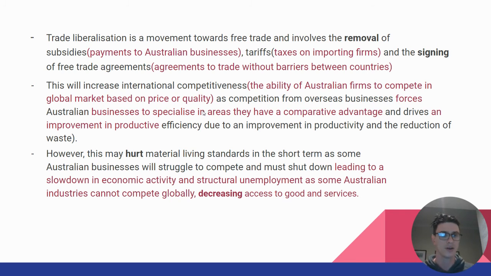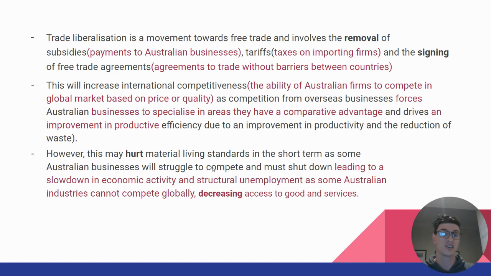But why does that hurt living standards? Well, there's a slowdown in economic activity. If you really wanted to impress, you'd say that structural unemployment would increase. Think about the Australian car industry. And that would decrease access to goods and services. So we're explicitly stating what living standards or material living standards are.